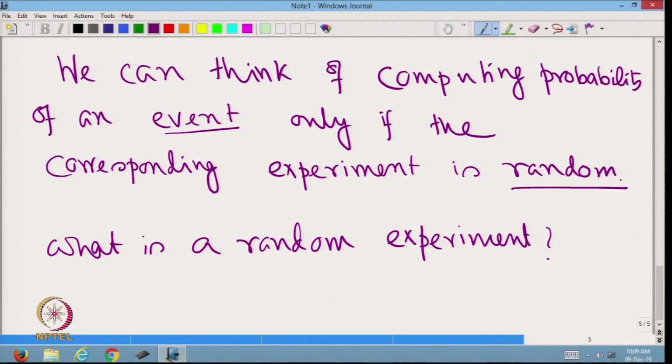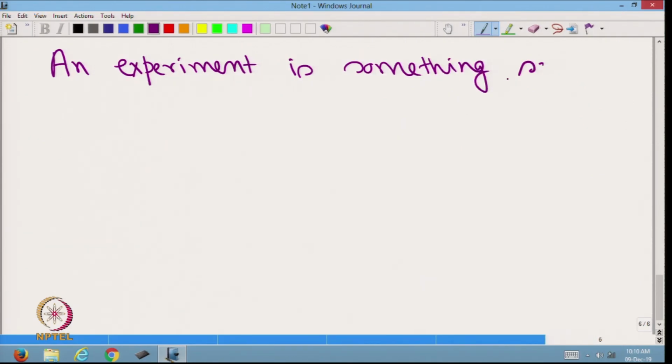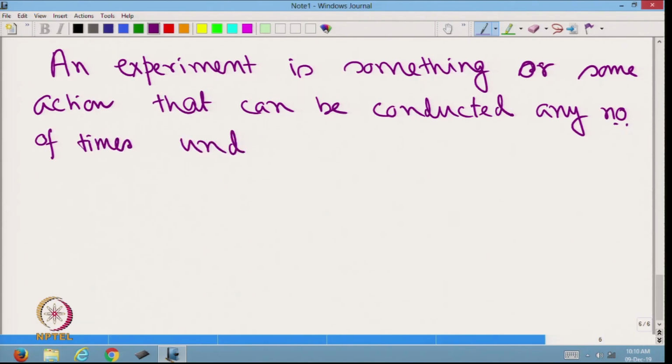Let us start with that. For us, an experiment is something or some action that can be conducted any number of times under the same setup.